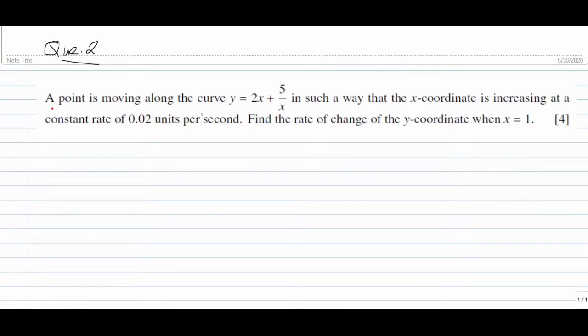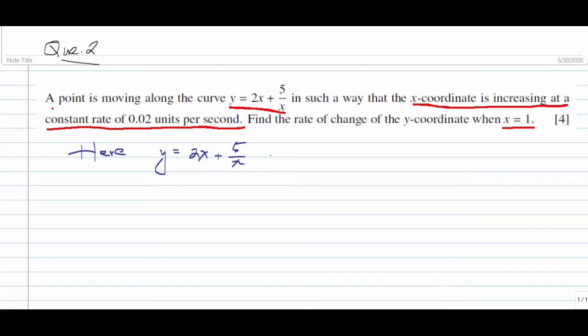Second question. A point is moving along the curve y is equal to 2x plus 5 by x in such a way that the x coordinate is increasing at a constant rate of 0.02 units per second. Find the rate of change of the y coordinate when x is equal to 1.